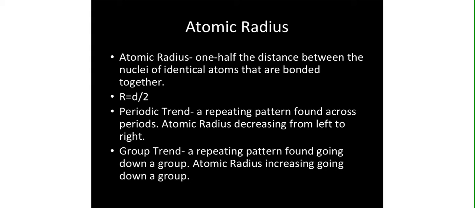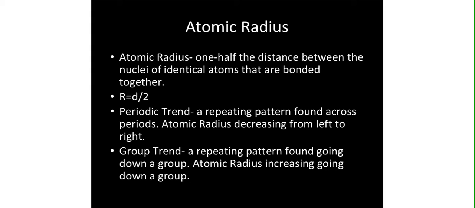This is the first periodic trend we are going to look at. Before we continue, you should know that a periodic trend is a repeating pattern found across periods on the periodic table. From left to right is what I'm always going to talk about.